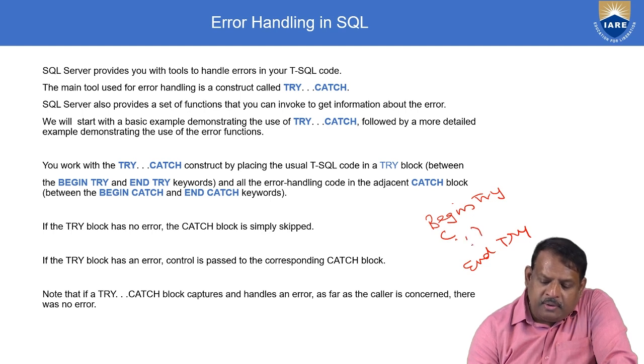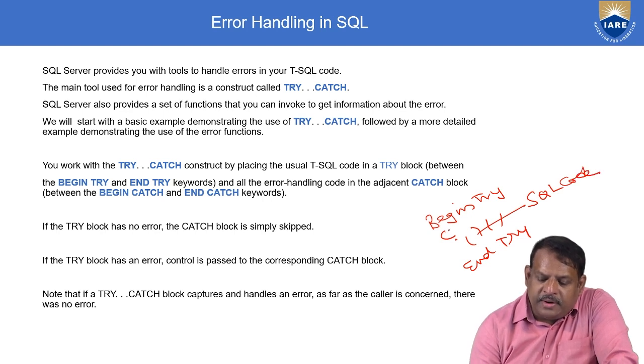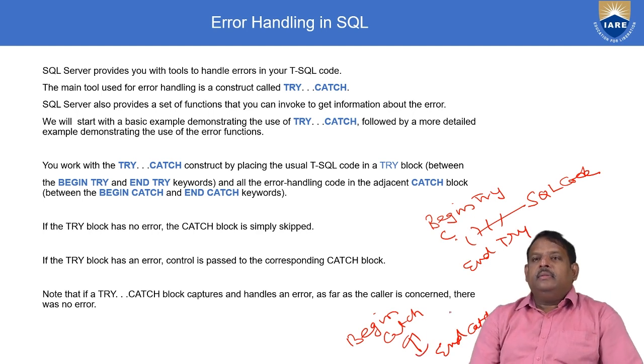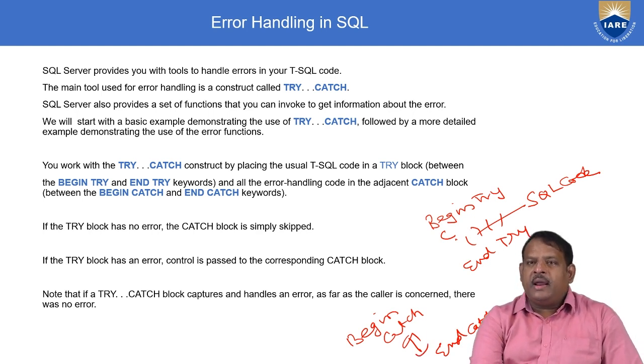In this part, you will write your SQL code. Similarly, for every try block, there will be a catch block: BEGIN CATCH and END CATCH. In between, you write the error handling logic.